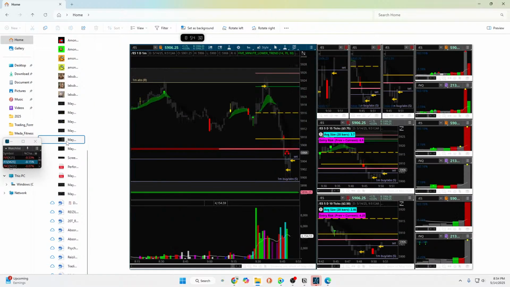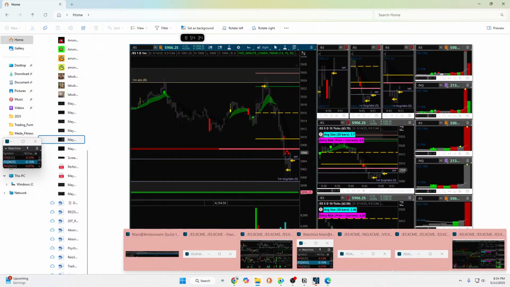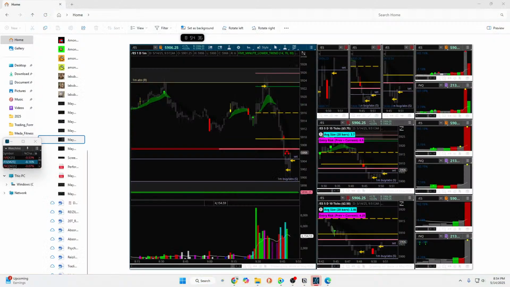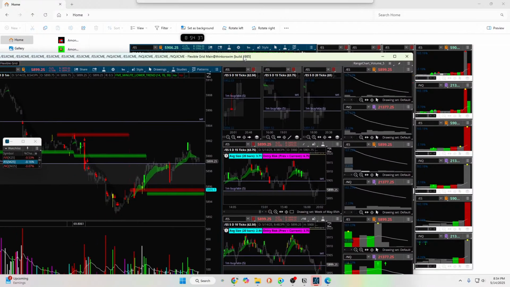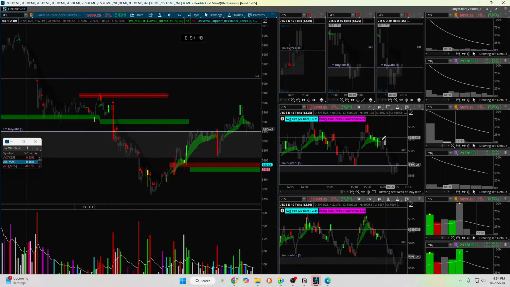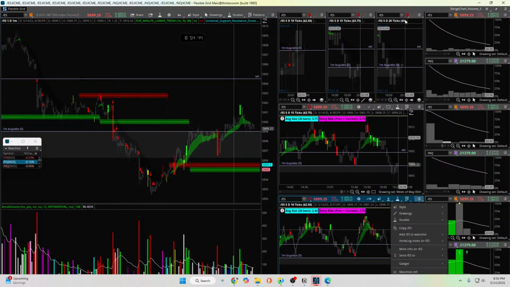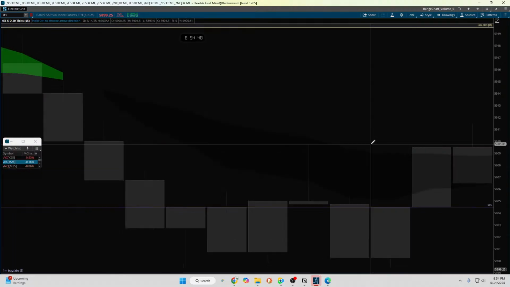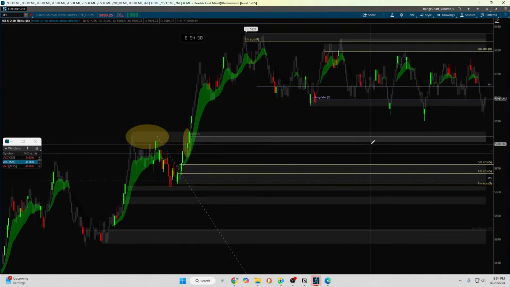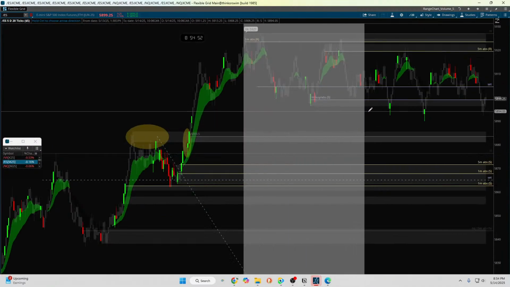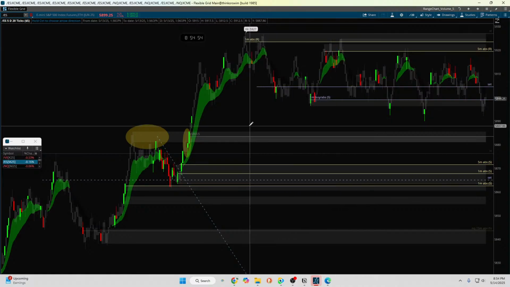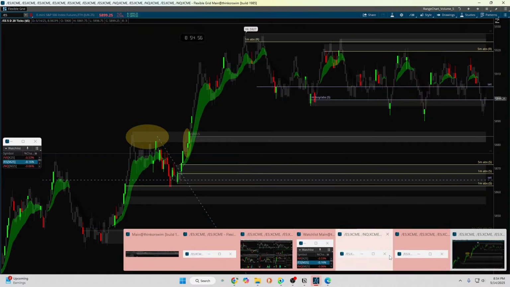We can't see the 20 tick chart. Let's pull it up nonetheless and see if we can find it. I really can't see any of the things down here.